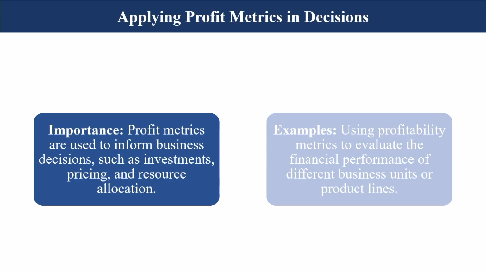Now, let us look at applying profit metrics in decisions. Profit metrics guide decisions like investments, pricing, and resource allocation. For example, a company like General Electric (GE) analyzes profitability per division. They divested low margin ones like appliances in 2021 to focus on the high ROI ones like aviation.